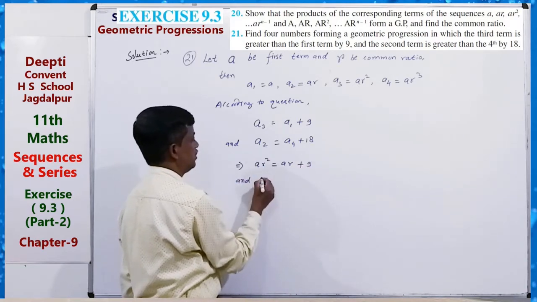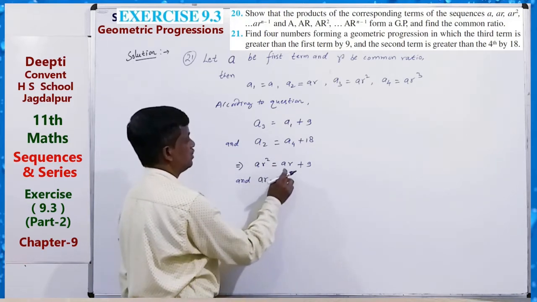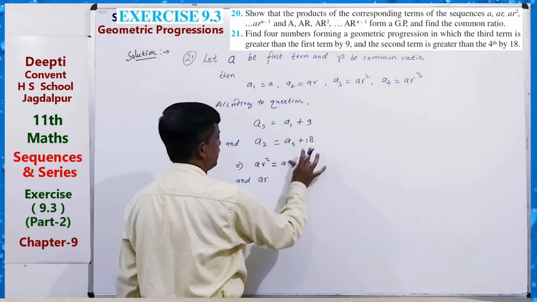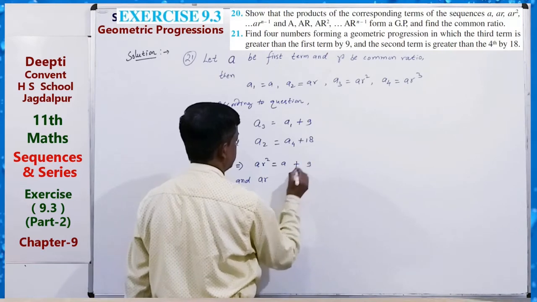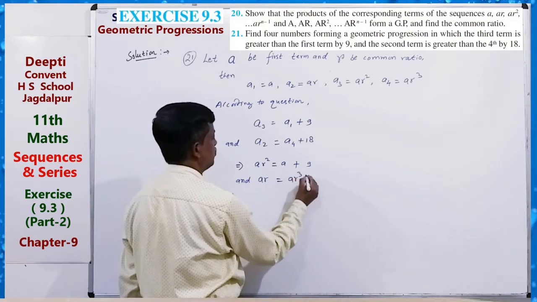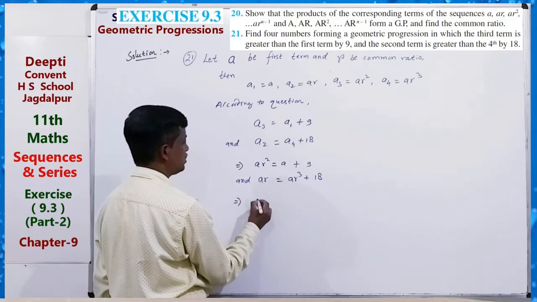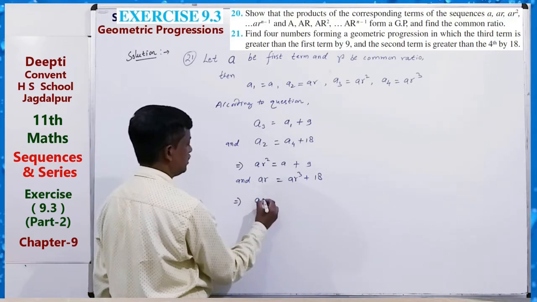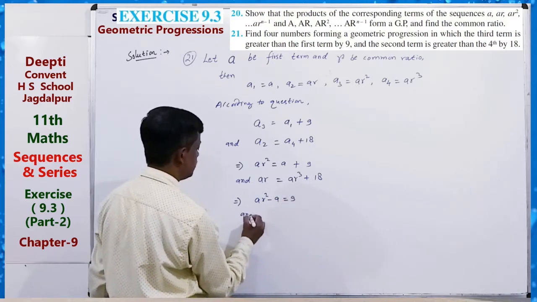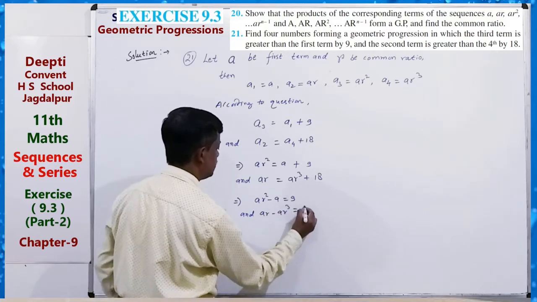Here the first term is A, the second term is AR, and A4 means AR cube. So it can also be written like this: AR square minus A equals 9, and AR minus AR cube equals 18.